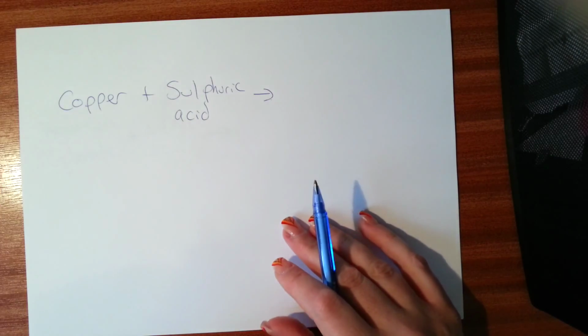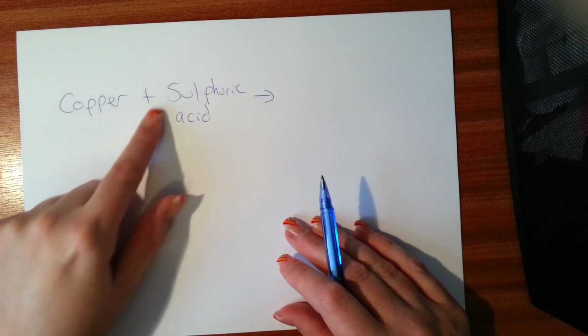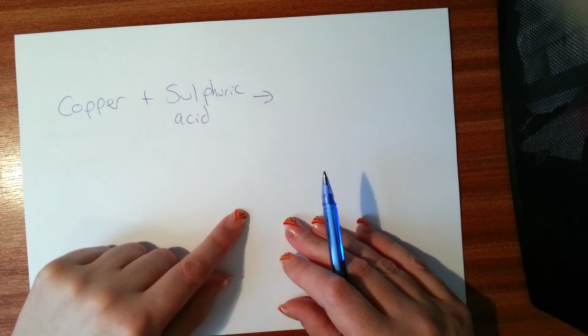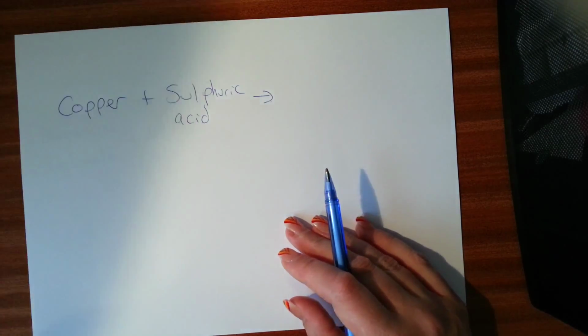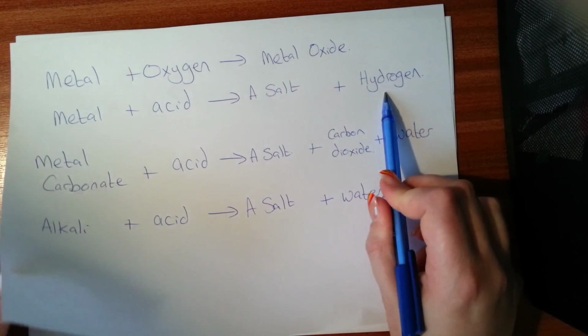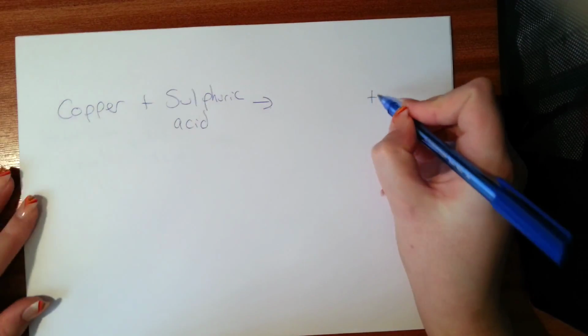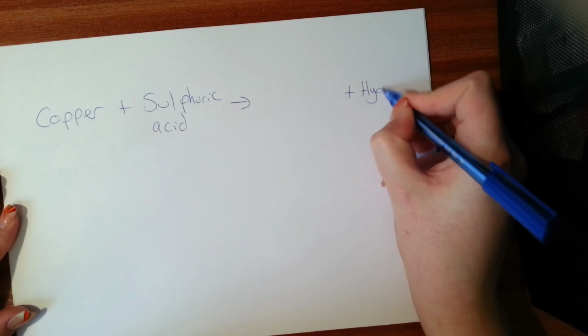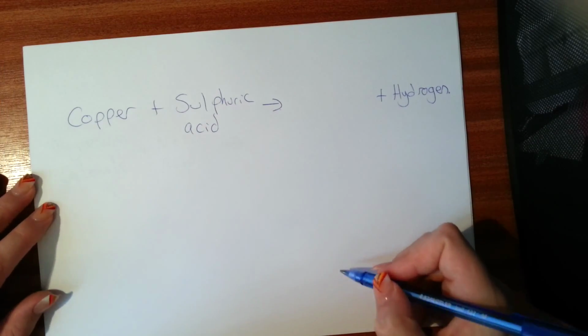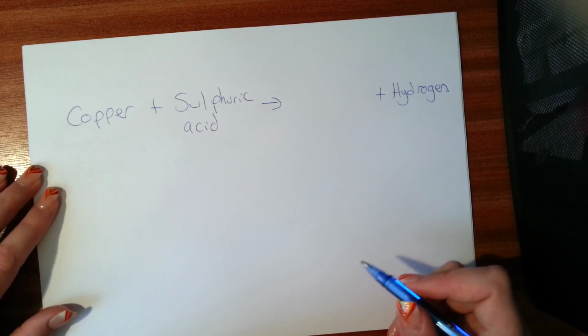Okay, the next one that we've got here is we've got copper and sulfuric acid. So I'm hoping you're thinking, this is a metal and an acid. Okay, and if we go back to remind ourselves what this produces, it's a salt and hydrogen. Okay, so we know the gas here is hydrogen. Remember, the squeaky pop. Okay, and can you name the salt?